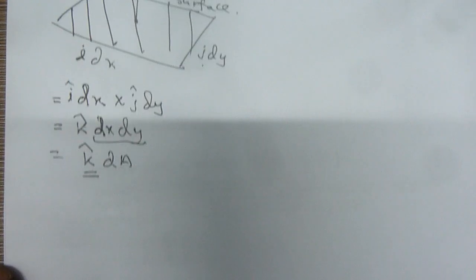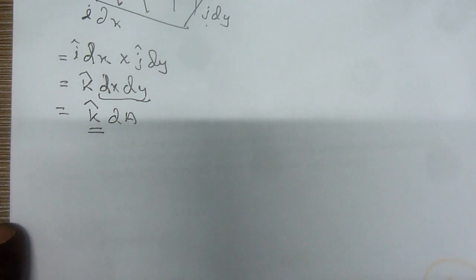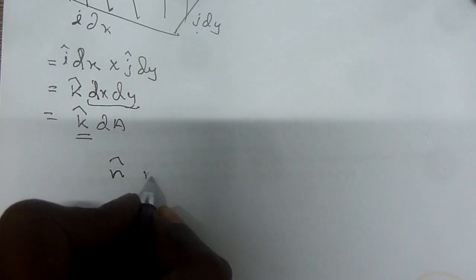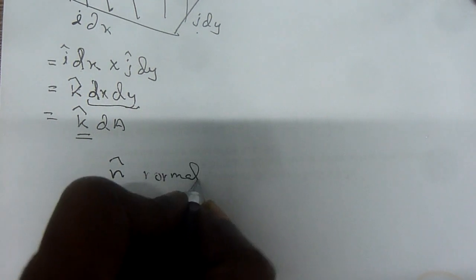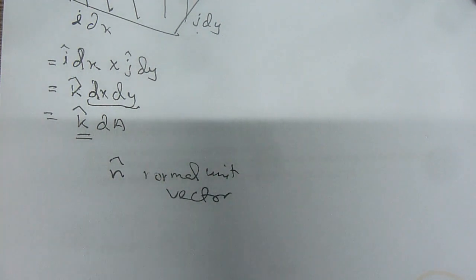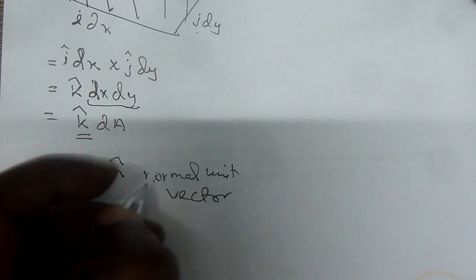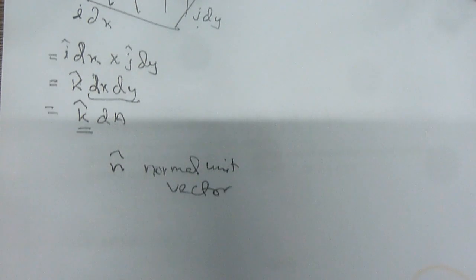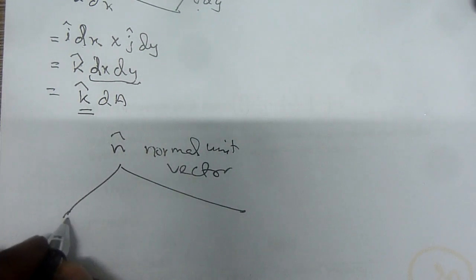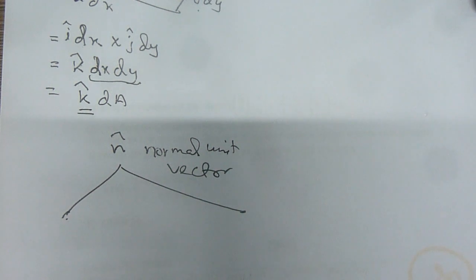Now, what is n anyway? We know this is a normal unit vector. Is it too small for you? I'm not sure whether you can see this, it is a normal unit vector. There are two compositions inside here which we're going to explore in great detail.